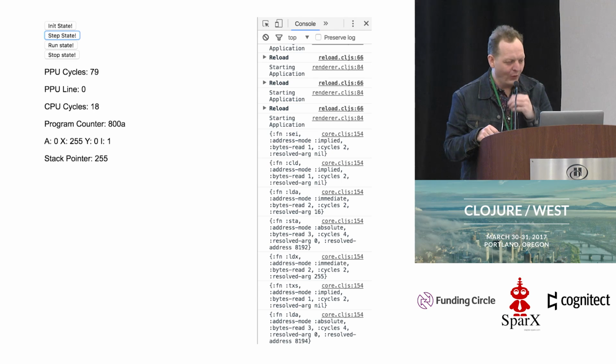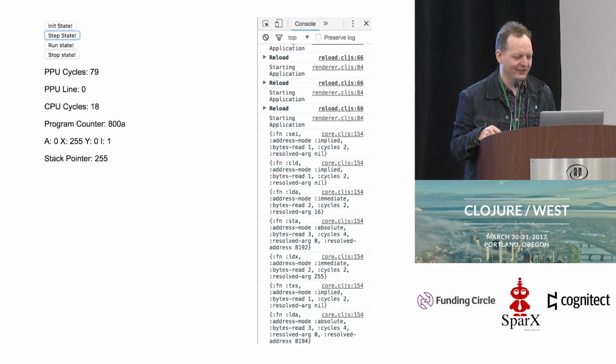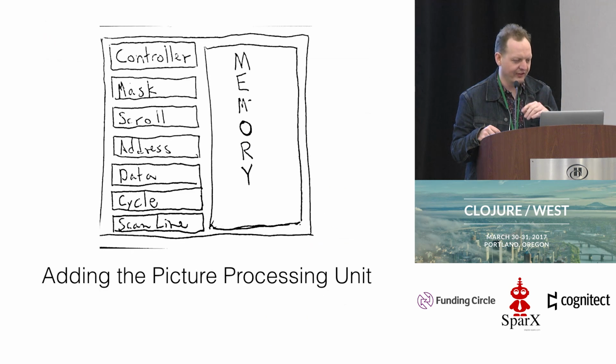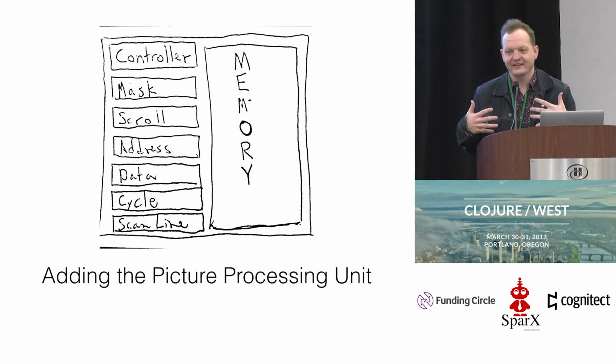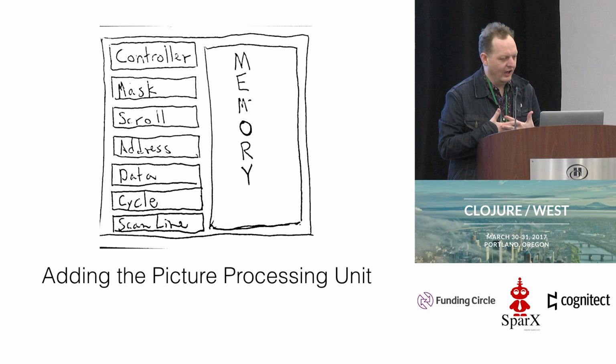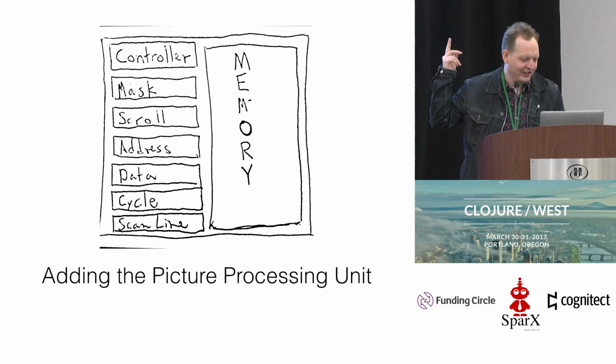And so at this point, I decided one of the things that's sort of interesting about the CPU is that it really only does half the heavy lifting. And I wanted to make sure that I could solve the problems of synchronization because they're important. So I started to write the picture processing unit, which I have drawn here.